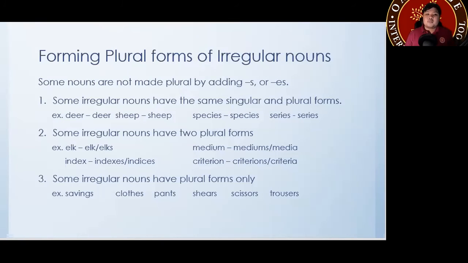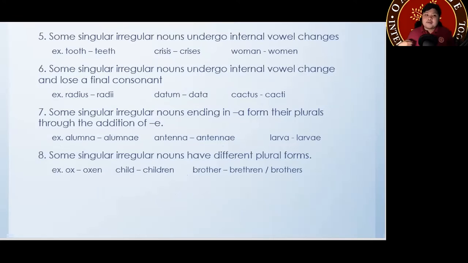All right? Next, 5. Some irregular nouns undergo internal vowel changes. Now, that means the vowels inside them would change. So, for example, tooth would be teeth, crisis would be crises, woman would be women. Okay? Number 6. Some irregular nouns undergo internal vowel changes and lose a final consonant. Example, radius. The plural of radius is radii.